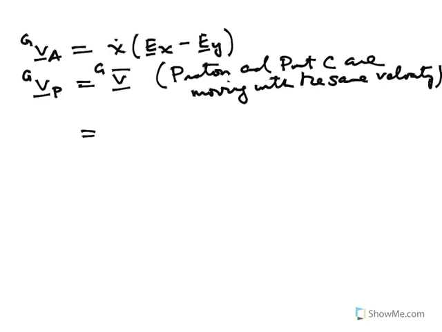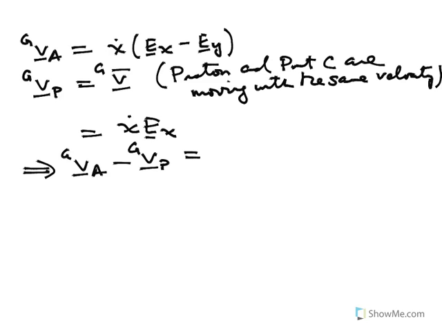So that is equal to x dot EX, which gives me that the velocity of A minus the velocity of the piston in the ground is equal to the difference between these two, which is equal to minus x dot EY. And that's equal to the velocity of point A as viewed by an observer fixed to the piston, which is what I need in the friction force.